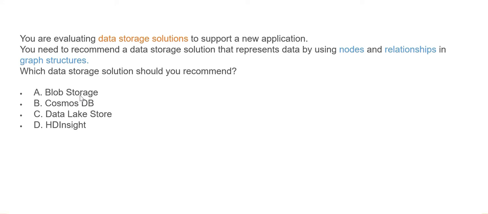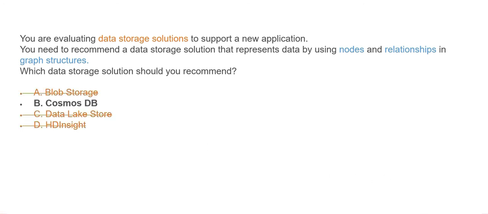Data lake store is a big store of data. You can store your CSV, JSON files, and so on for future processing, but it doesn't store the data sets as nodes and relationships. Even blob store is a file system. It doesn't store as nodes and relationships. And HDInsight is a totally different tool. It is not used for graph style storage. So option B, Cosmos DB would be my answer.